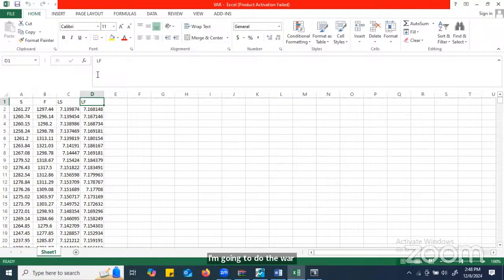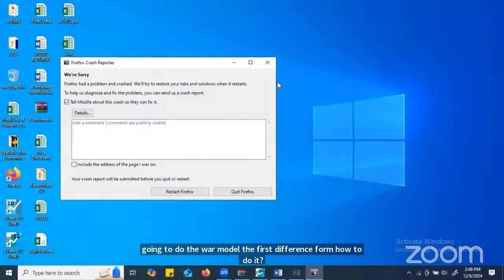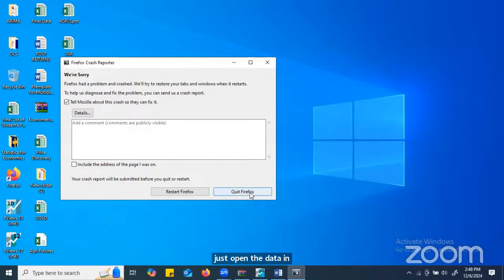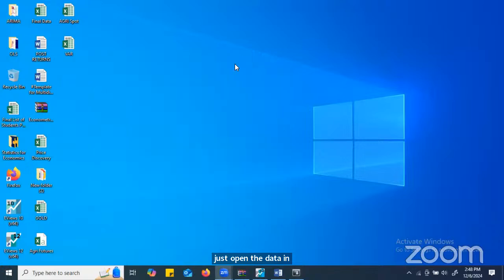How to do it? Just open the data in an EViews file. Drag and drop it onto EViews and it will be opened.